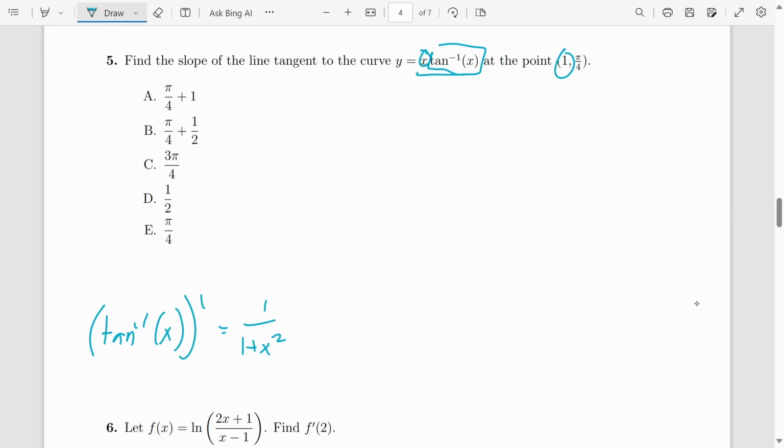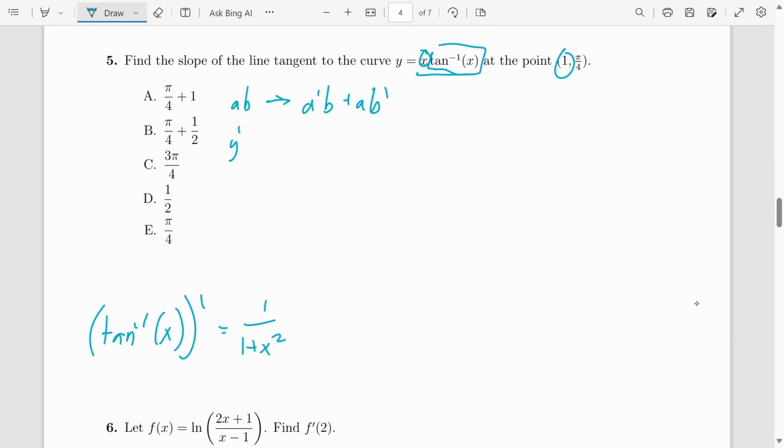So we need to use the product rule, which states if we have something in the form of a times b, derivative will give us a prime b plus a b prime, where a is, in this case, x, and b is inverse tangent of x. So if we were to plug in all of those values for a and b, we'd get our derivative of the full function.